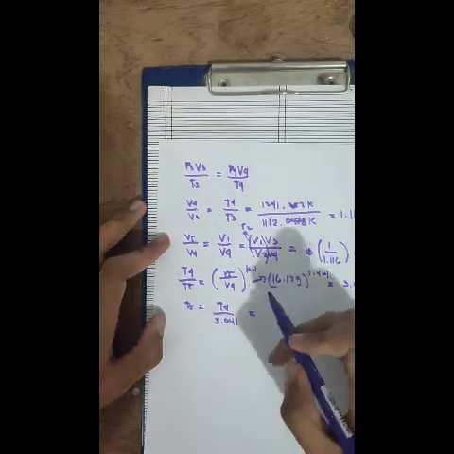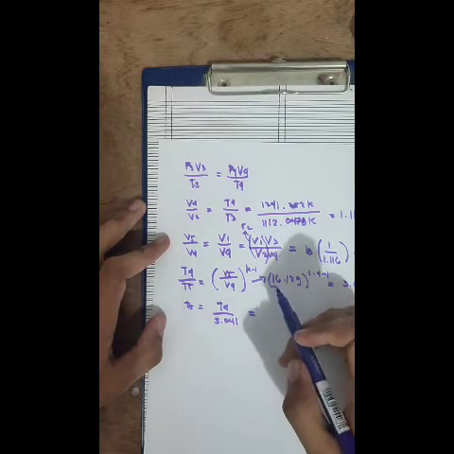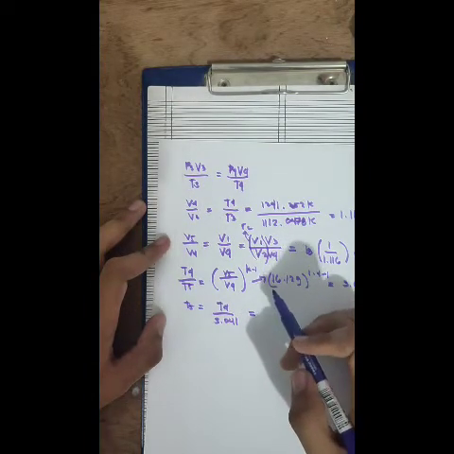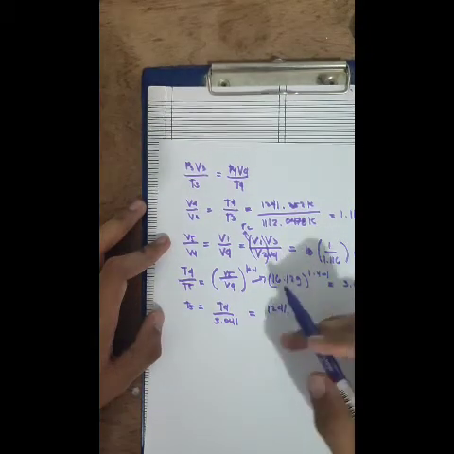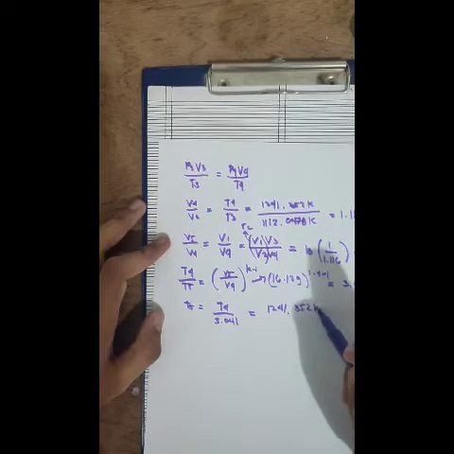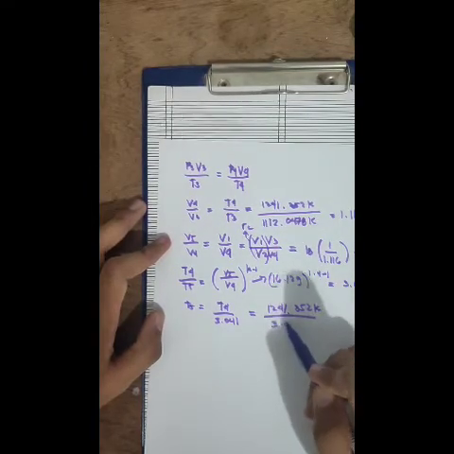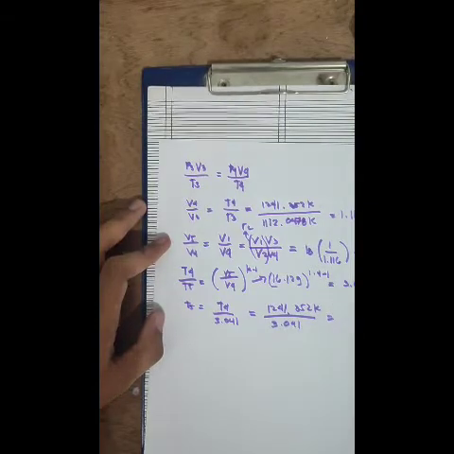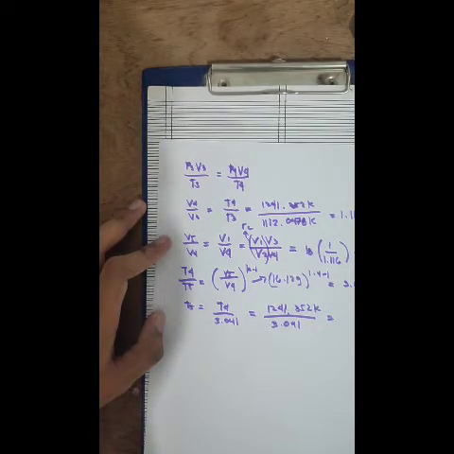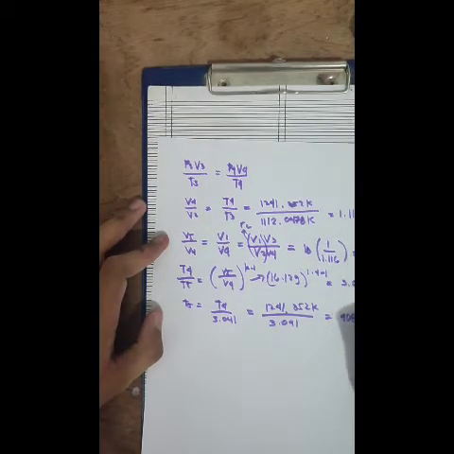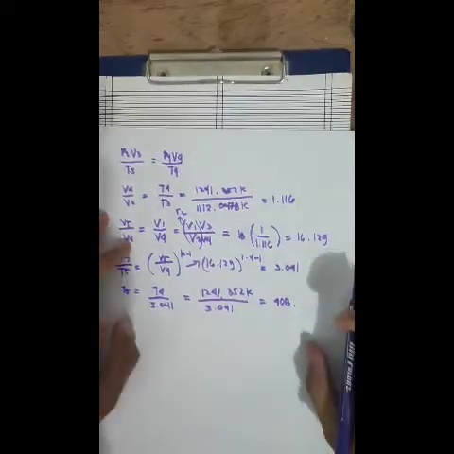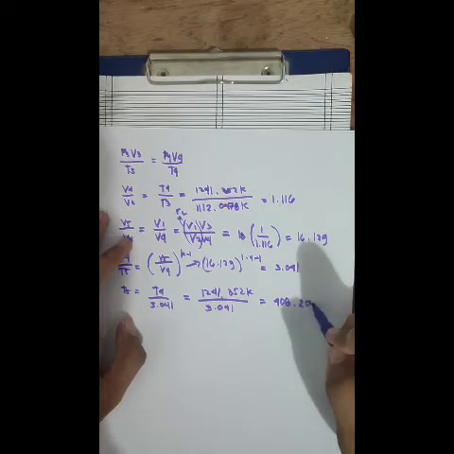T4 is equal to 1241.352 Kelvin over 3.041. So T5 is equal to 408.205 Kelvin.